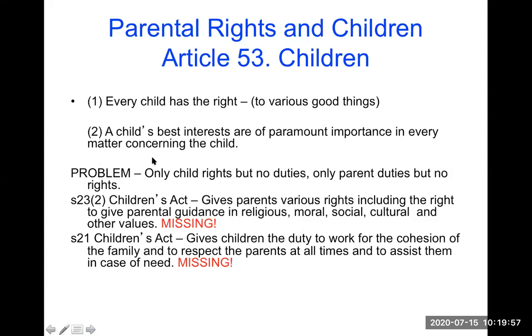Okay, so anyway, we have these parental rights that are likely to clash with children's rights depending on what ideology or mindset is enforcing the children's rights. Right now, the Children's Act as it is gives parents various rights, including the right to give parental guidance in religious, moral, social, cultural, and other values. But this disposition is missing in the Constitution, which prescribes children's rights and not parents' rights at all.